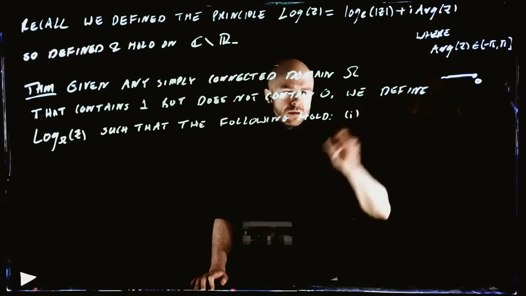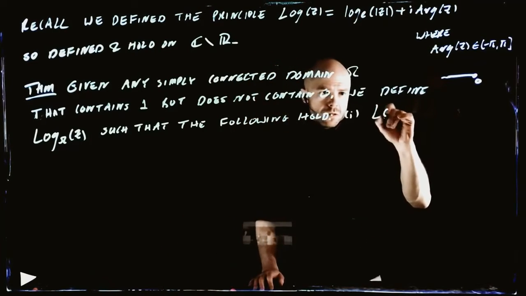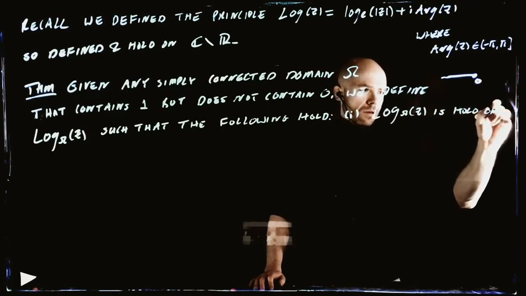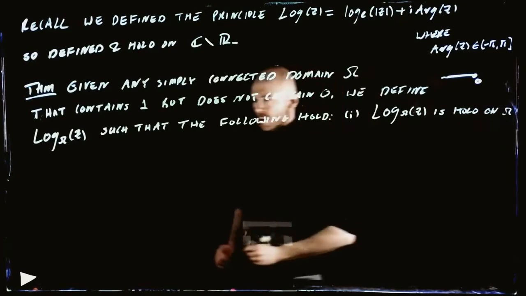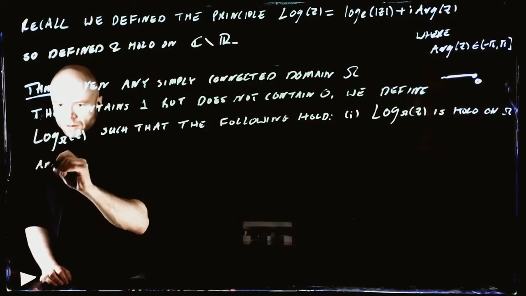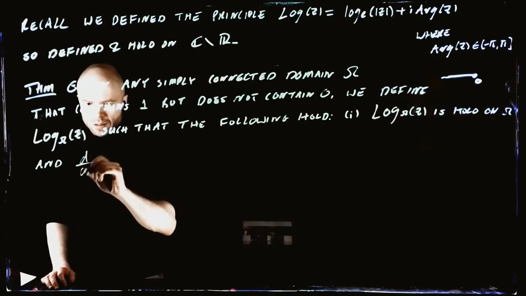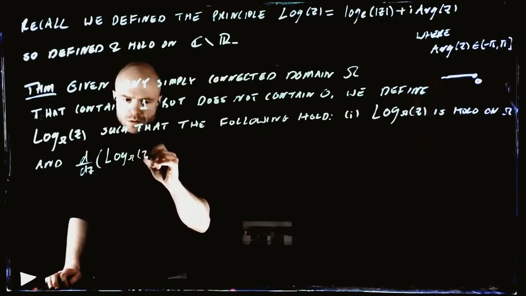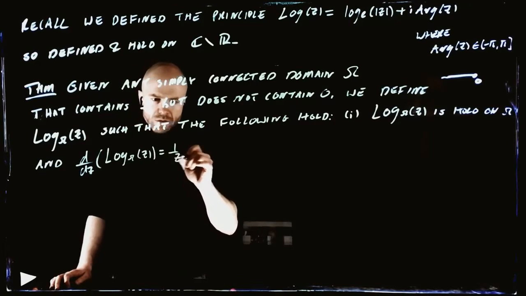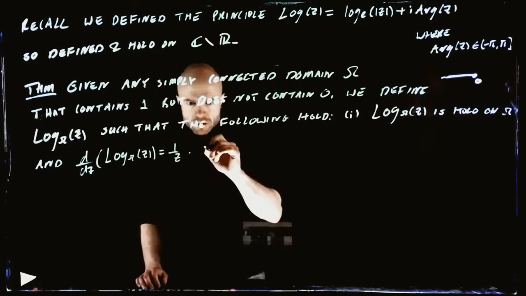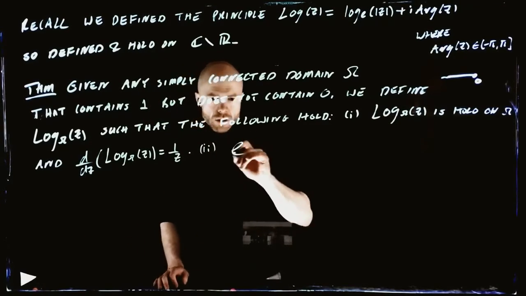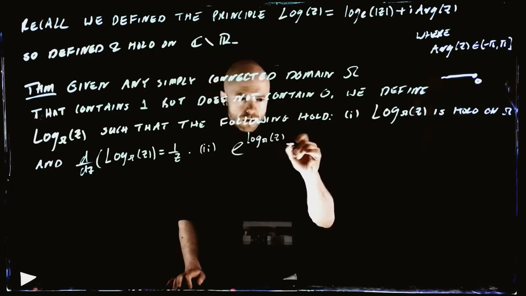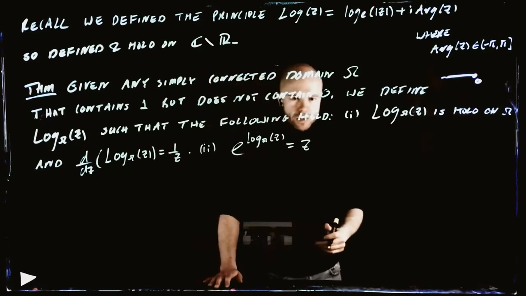So 1, this is a holomorphic function on Omega, and d by dz of it is 1 over z. Second property, e to the log Omega of z is z, because it is indeed an inverse to the exponential function.